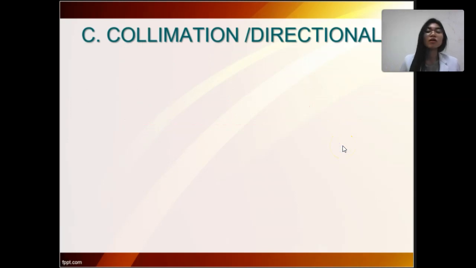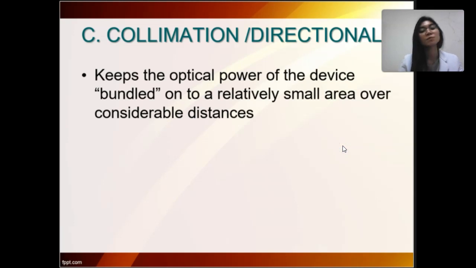Lastly would be your collimation or direction. It says here, it keeps the optical power of the device bundled onto a relatively small area over considerable distances. Before, the problem with IRR was that it's hard to aim.